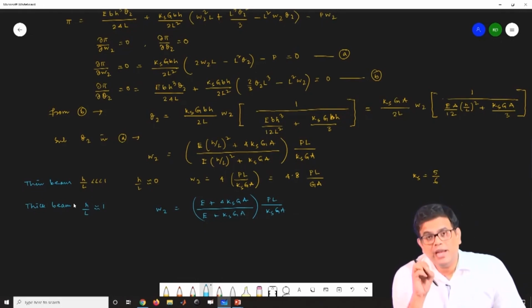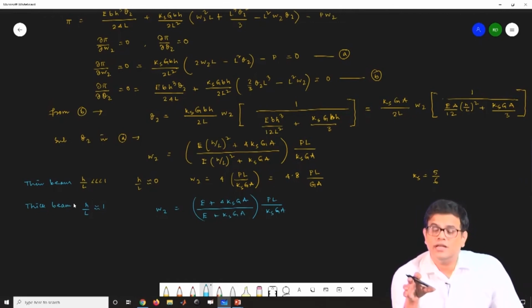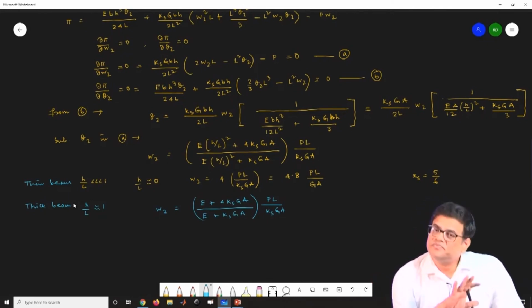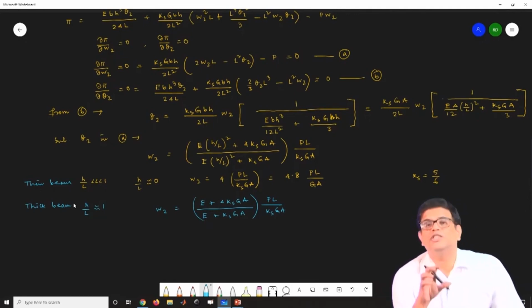One of the main methods to alleviate this locking, one of the methods we have studied, is the reduced integration method, where actually we nullify the contribution of the shear strain energy from your potential energy part.